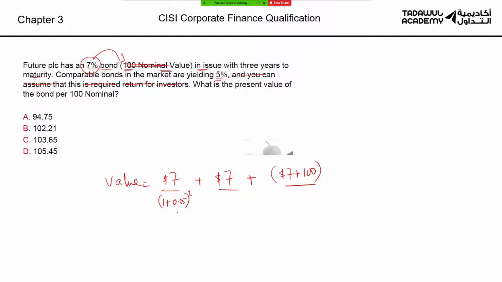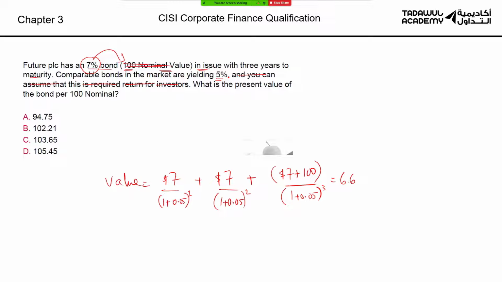In the first year, to the power 1, we don't need to write it, just to be clear. In the second year, to the power 2. And in the third year, to the power 3. So this should give us, quickly, 7 divided by 1.05.